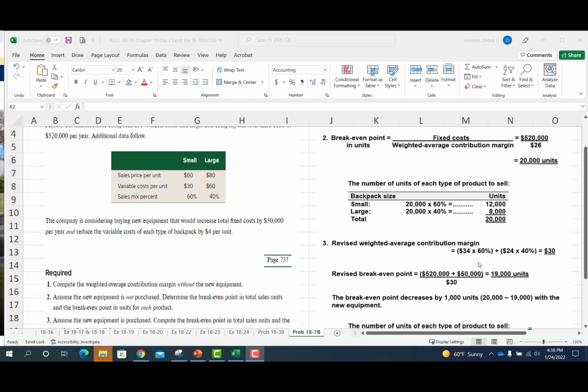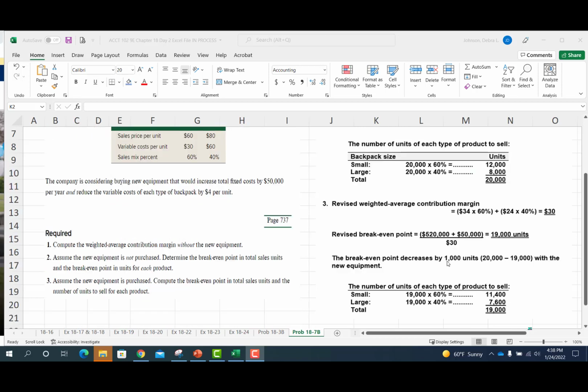They then revised the set of facts with some new information that came in. So you had a revised break-even point at 19,000 enterprise units, for lack of a better word. Split out, it came out to 11,400 small and 7,600 large. If there's any questions at all, make sure you reach out.